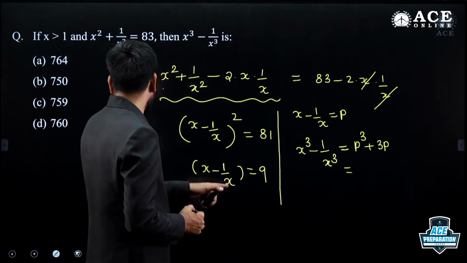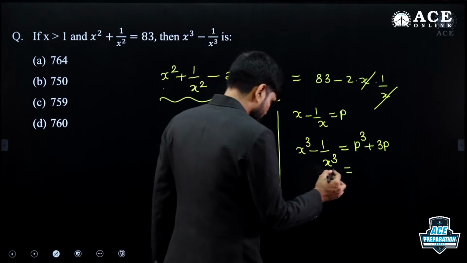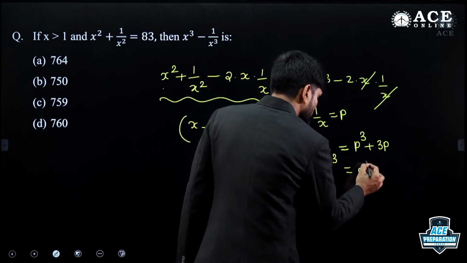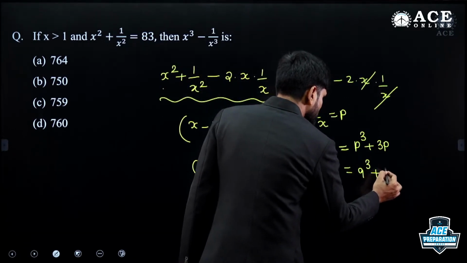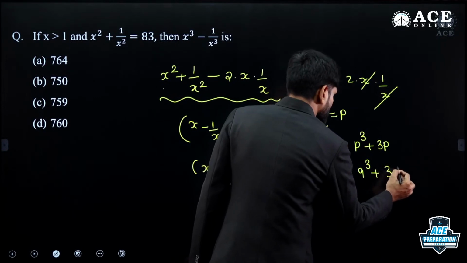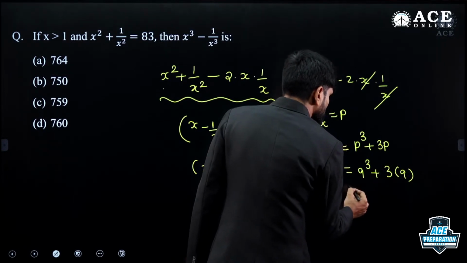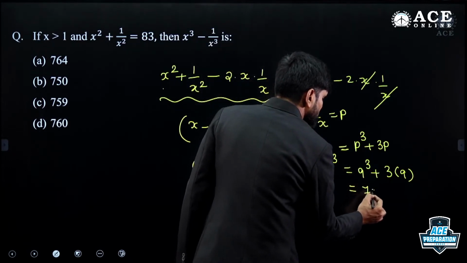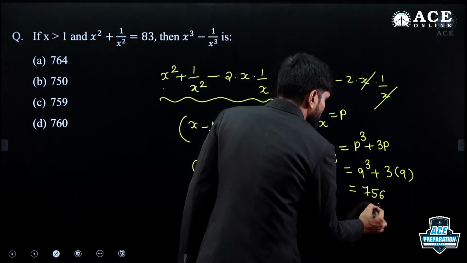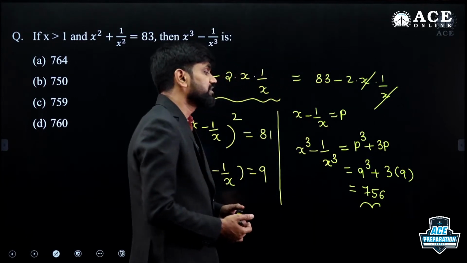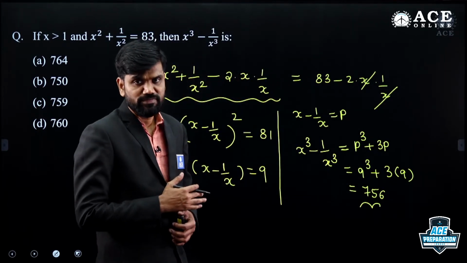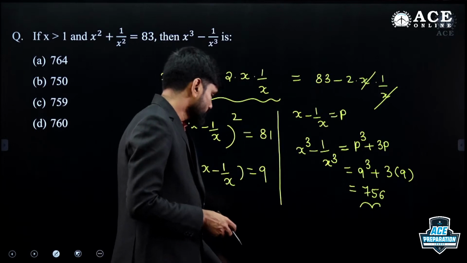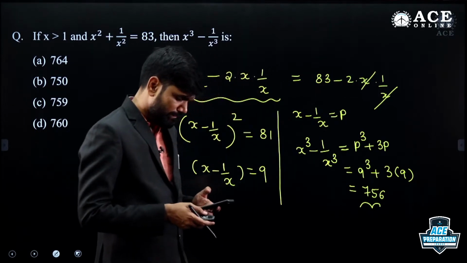What is the value of p? 9. So that is 9 cube plus 3 into 9, which is 729 plus 27. That will give you 756. Is that clear? Please make a note of it.